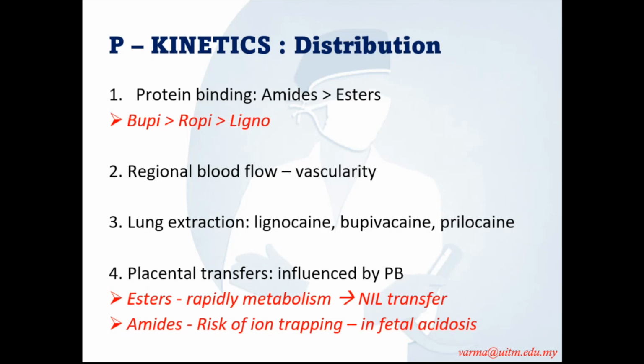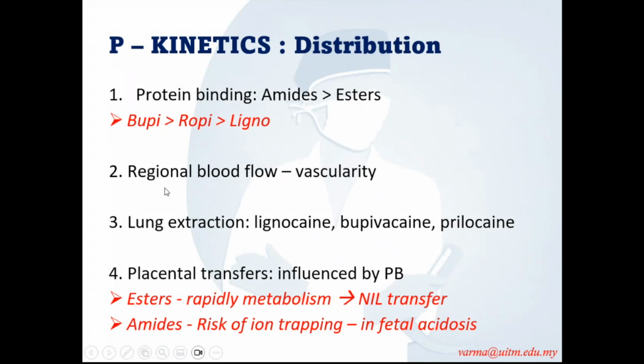That is why it cannot be metabolized fast, and its duration of action is also longer. So protein binding closely relates with duration of action. That's why bupivacaine's duration of action is long. Second will be ropi, and the shortest duration of action among the amides will be lignocaine. But overall, amides have higher protein binding, thus longer duration of action compared to esters.